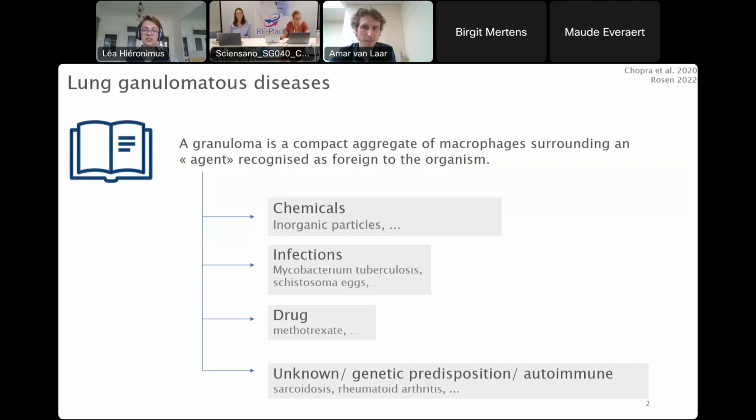Certain drugs can induce lung granulomatous diseases, for example those against certain cancers. And they can also have an unknown cause or be linked to genetic predisposition or to an autoimmune component, which could explain how certain autoantigens are now recognized as being foreign. These are lung granulomatous diseases.